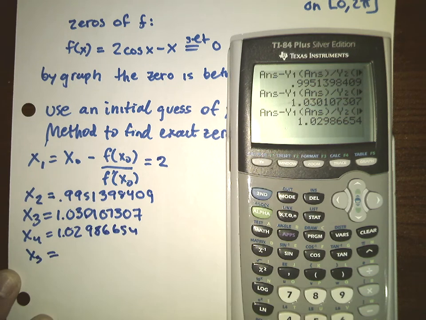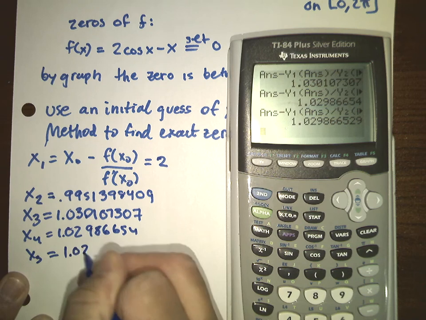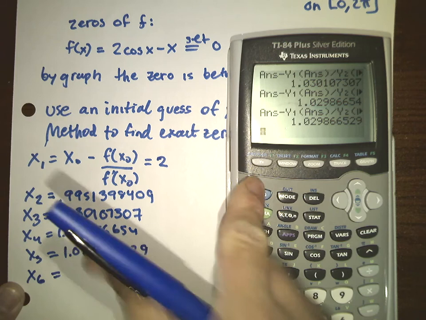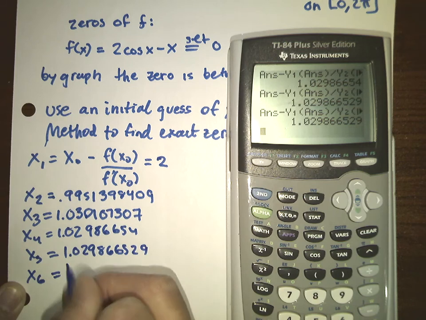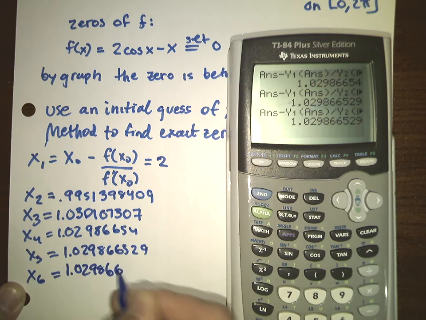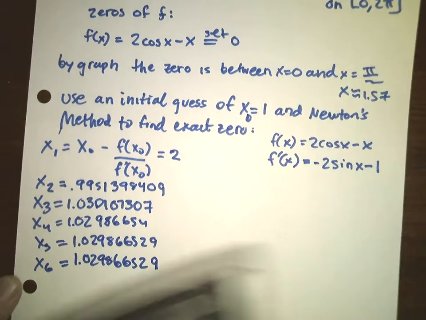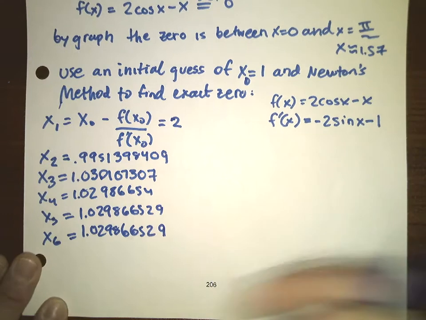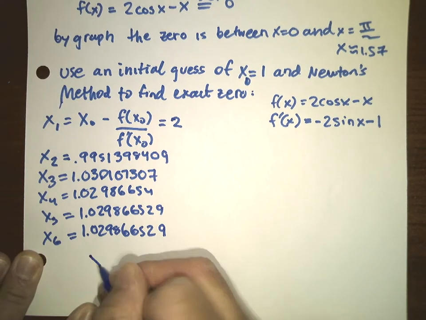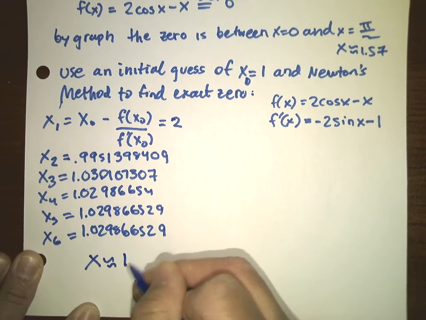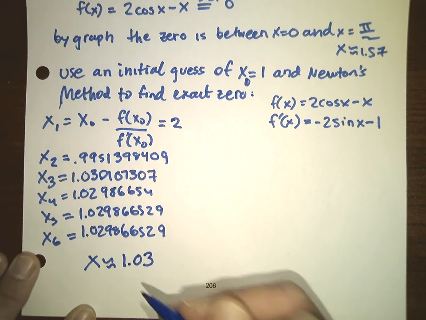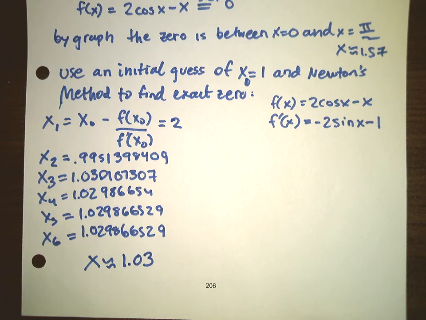X5 will be 1.02986659, and x6 will be 1.02986659. So we see that with fairly good accuracy, the 0 is at x approximately 1.03 or so.